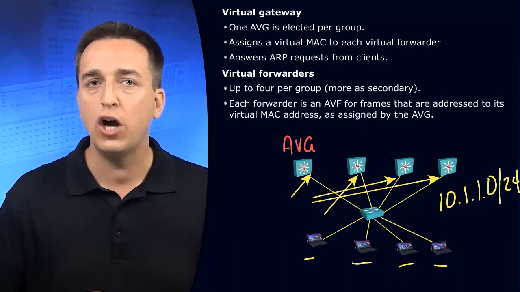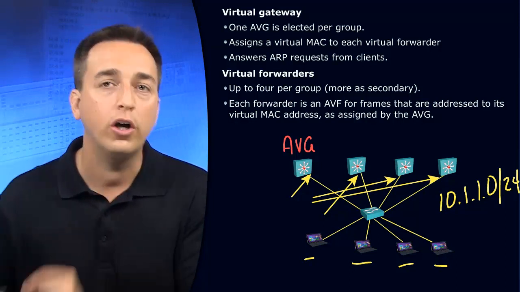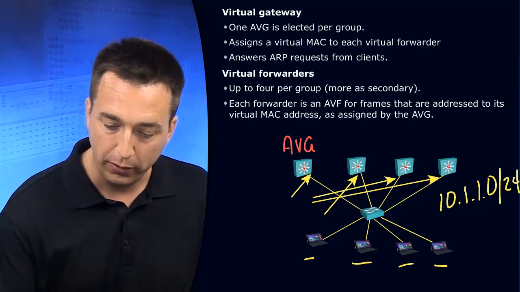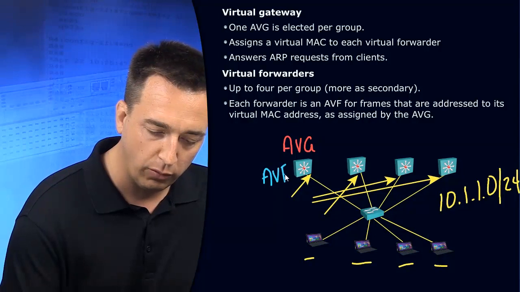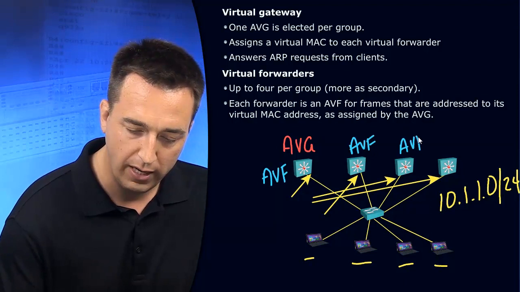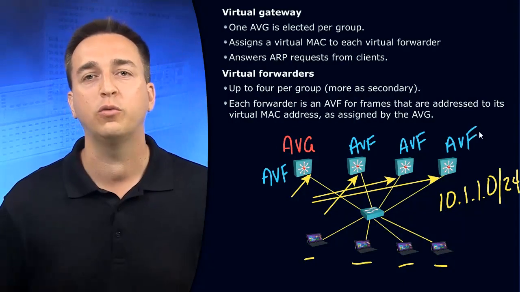So its first job is to identify who the virtual forwarders will be for the group. So in this example, we end up with 1 active virtual forwarder, 2 active virtual forwarders, 3, and 4. So you have a total of 4 active virtual forwarders.